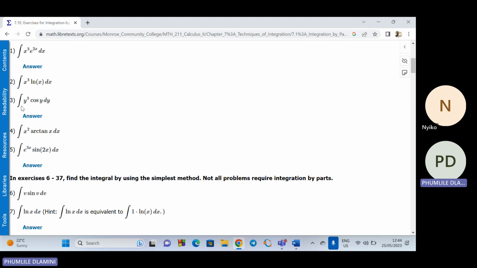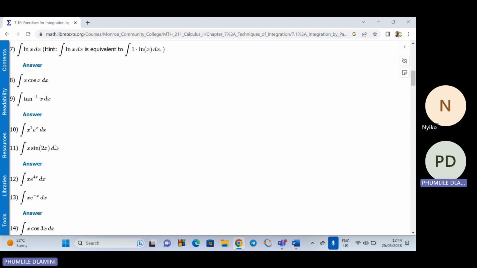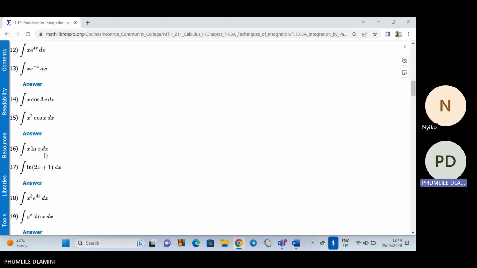You can try to do number 2 and number 3 first. It's 2 and 3, yes. And then the other ones we have done them. Only those 2, they will be fine.